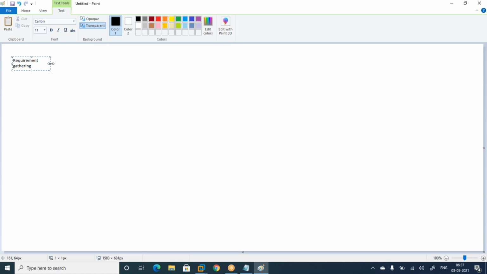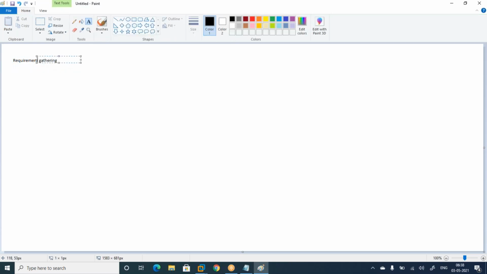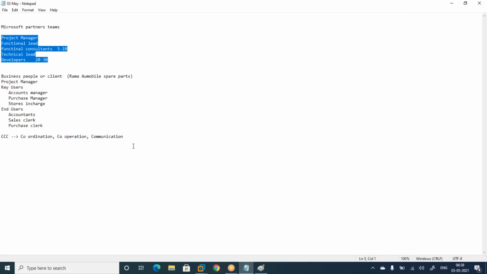For this implementation methodology, each company will have their own methods, but there is Sure Step methodology from Microsoft. Sure Step methodology is one small tool. If you Google it, you can find it somewhere. Otherwise, if you have a partner account or customer account, you can download this file from the system.